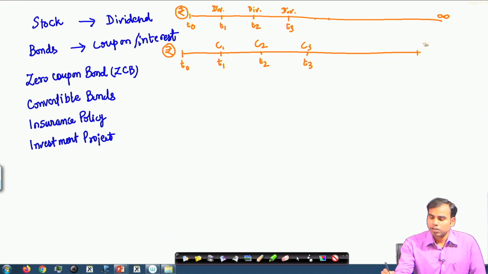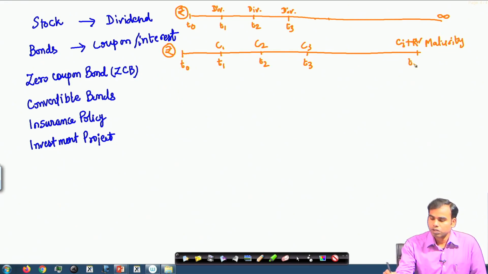And then this will be the maturity period, which is typically defined in the beginning itself, where you not only get the coupon, but also get the redemption value.